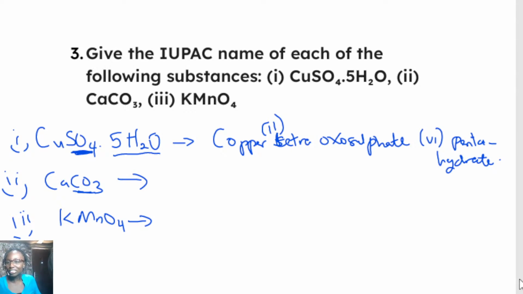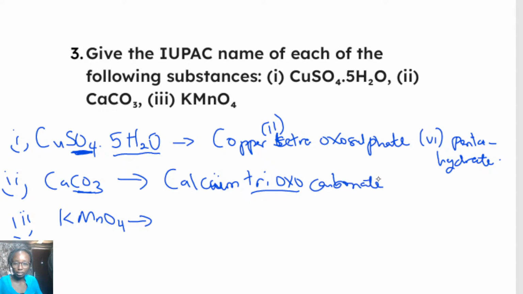Since I already blurted out the answer, might as well write it. Calcium trioxo, because there are 3 oxygens, trioxo carbonate 4. That's because the oxidation number of carbon there is 4.